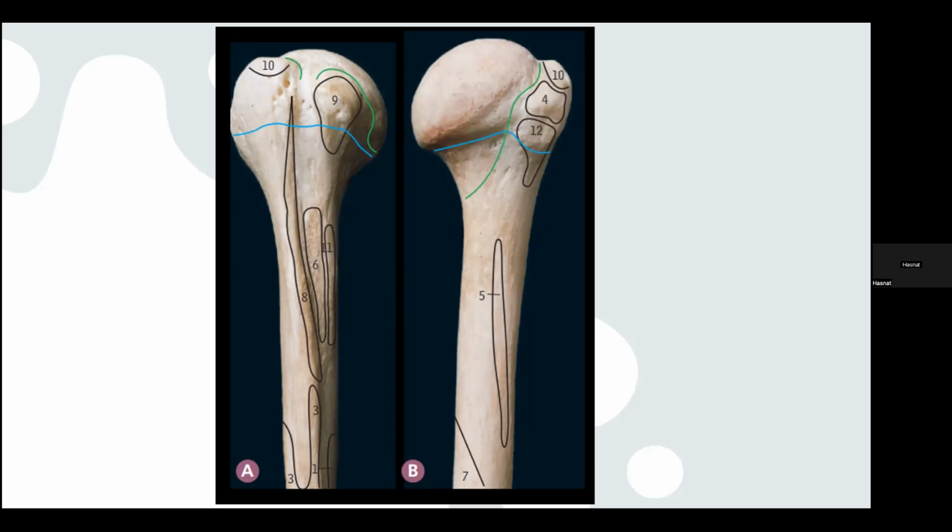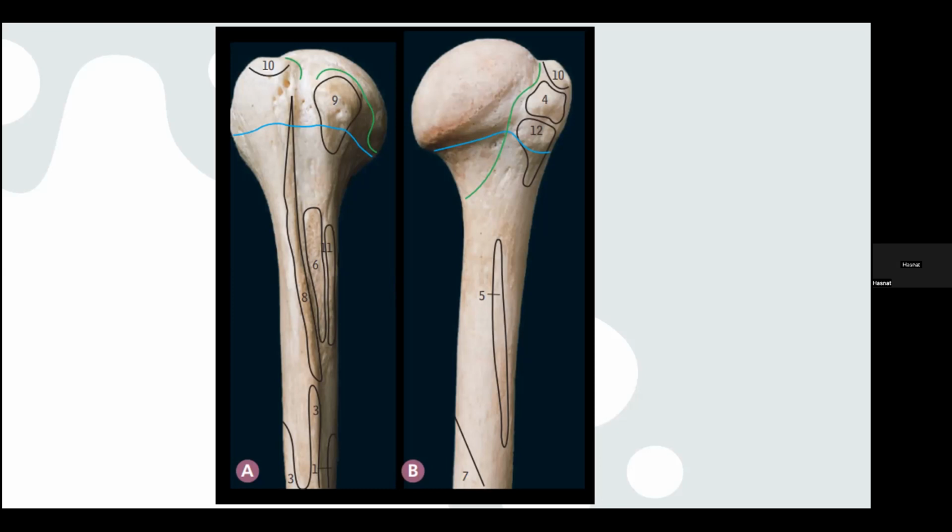So what is called number 6? Can you see number 6? Here it is. It is the bicipital groove. Okay, that's great. So which muscle is attached here? Pectoralis major. Okay, I am taking your answer.